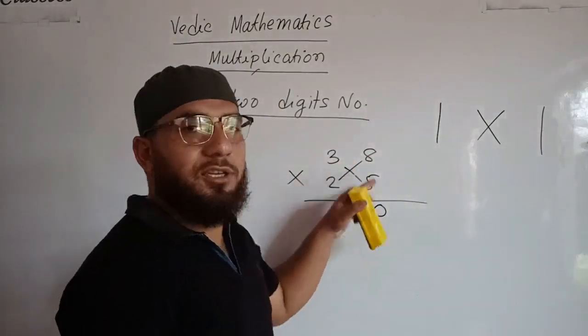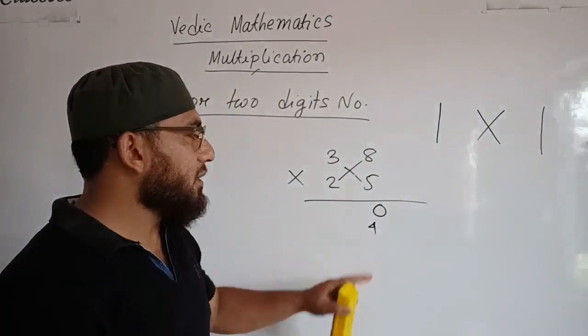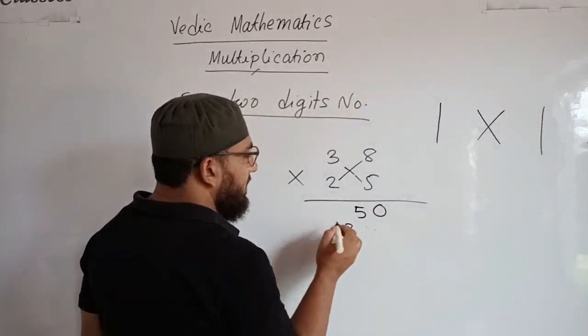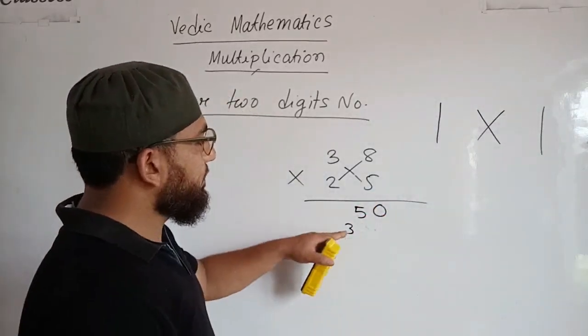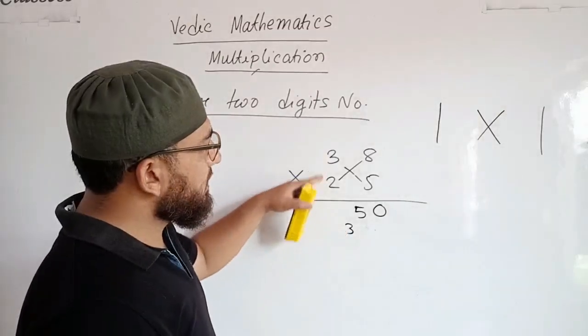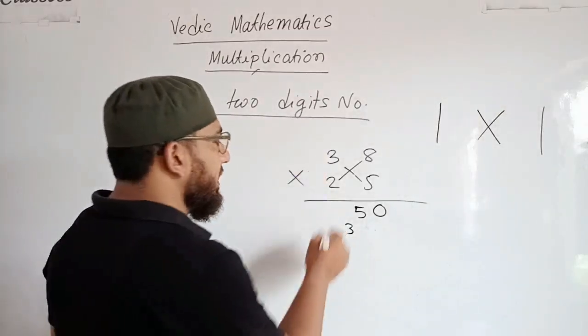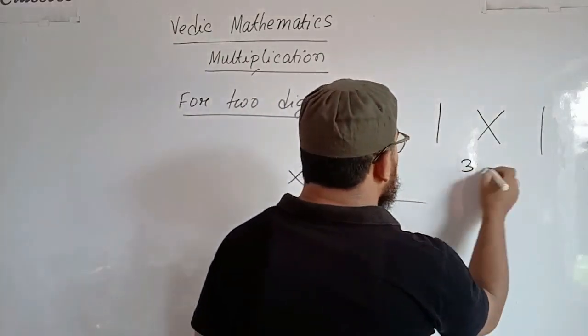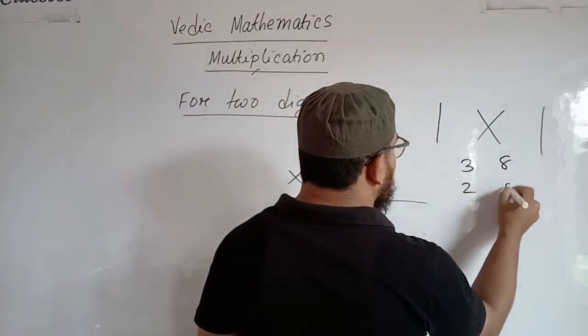So 15 plus 16 is 31. 31 plus 4 is 35. Again carry 3. Then 3 2s are 6. 6 plus carry 3 is your 9. This is your answer. Now do this in normal method.